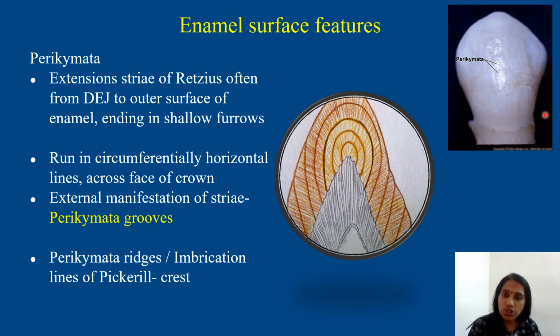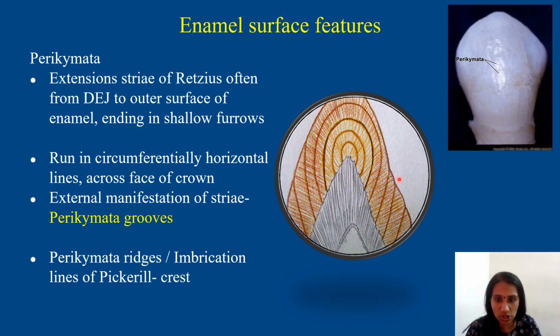And they usually run circumferentially across the enamel surface. So this is called the perikymata groove. If you notice, between two grooves or between two incremental lines on the surface, you can see an elevated, raised area. That is called the imbrication lines of Pickerill, or the perikymata ridge.